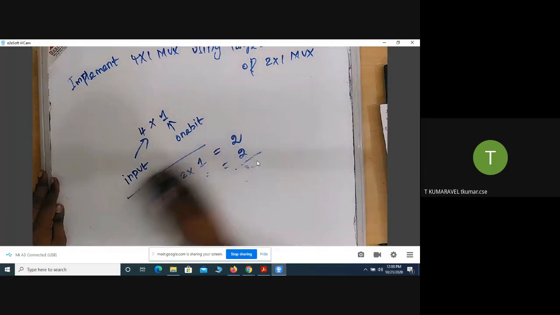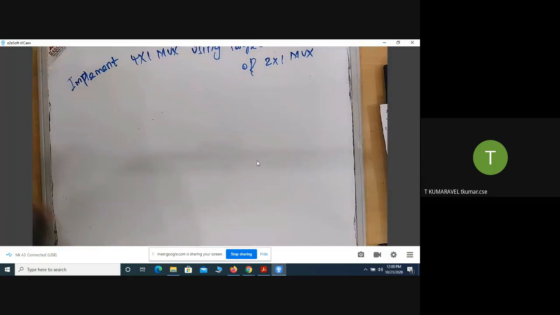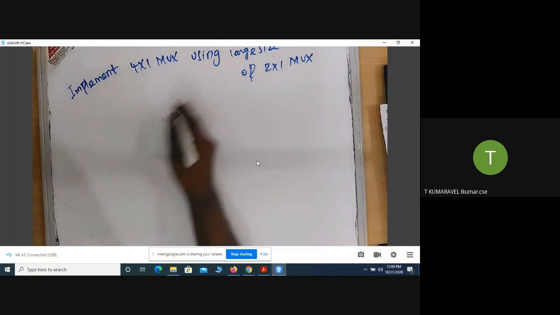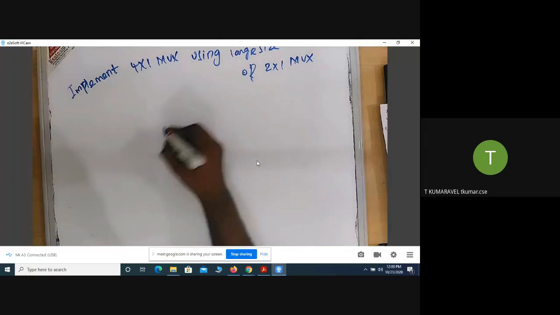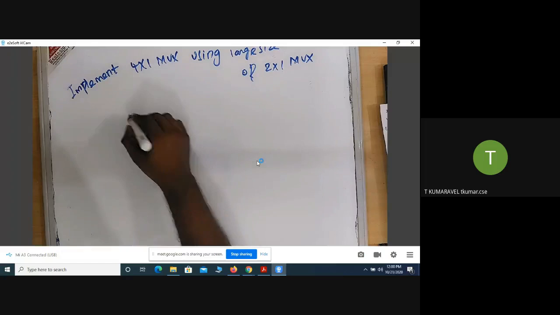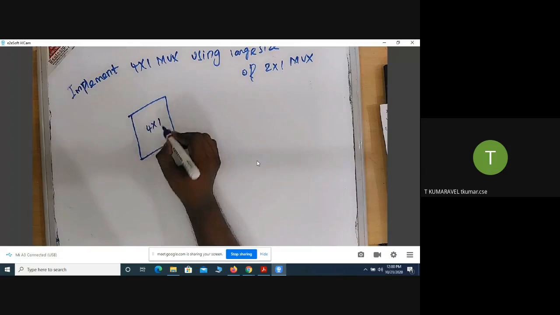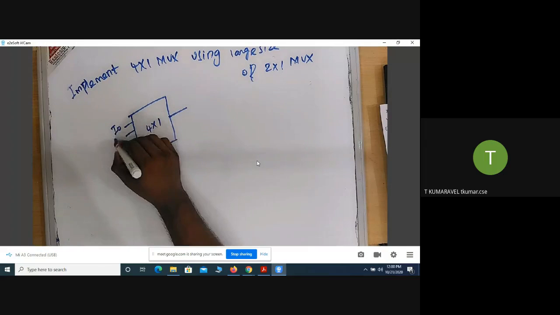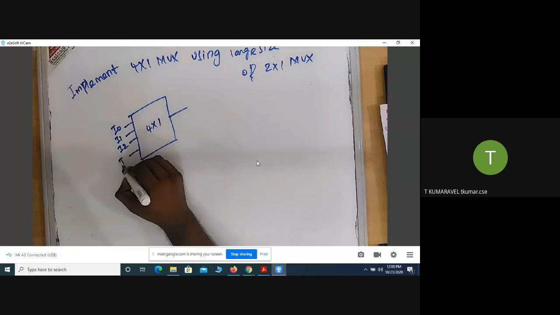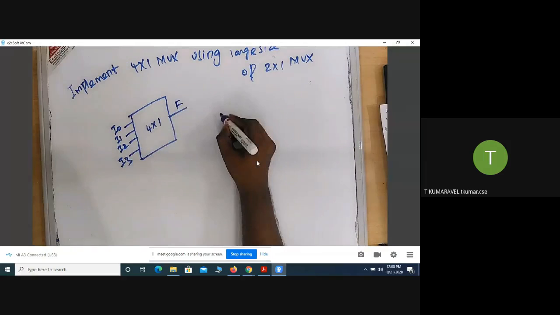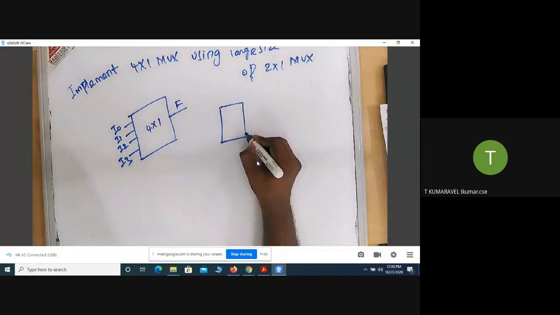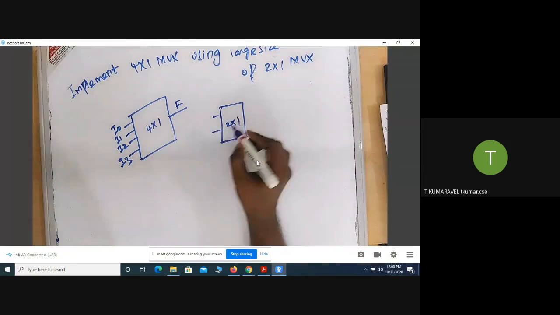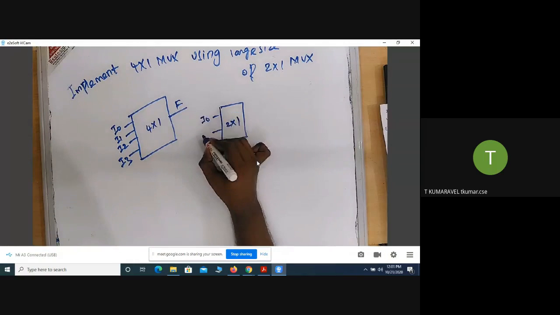So for that you want to draw the diagram. How do you draw the diagram? For example, you want to implement that functionality. It's going to take input as 4 bits and then produce the output as a single bit. But you want to implement it using n number of 2 by 1 multiplexers. Each 2 by 1 multiplexer takes input as 2 bits.